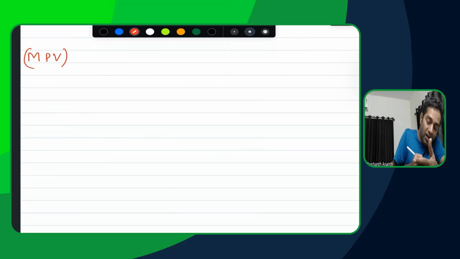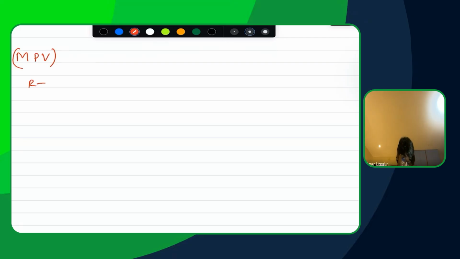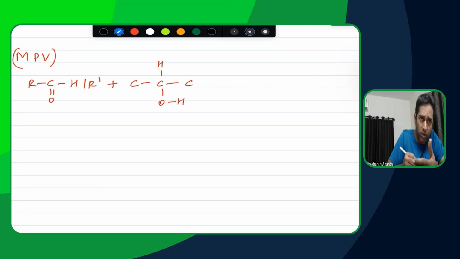So let's directly go for the reaction here. Give me the reaction you have learned now. So, ketone or aldehyde plus isopropyl alcohol, plus this aluminum isopropoxide, equilibrates to this. Equilibrates to what?